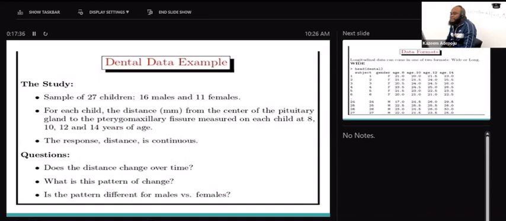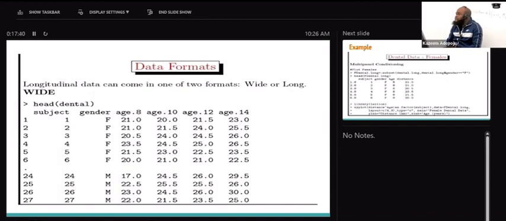Does that make sense? Now, this is the data frame. The data frame has children 1 to 27, don't forget. We have 27 children, and among these 27 children, we have male and female.